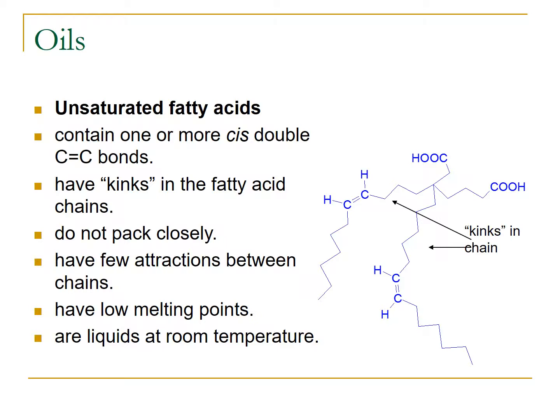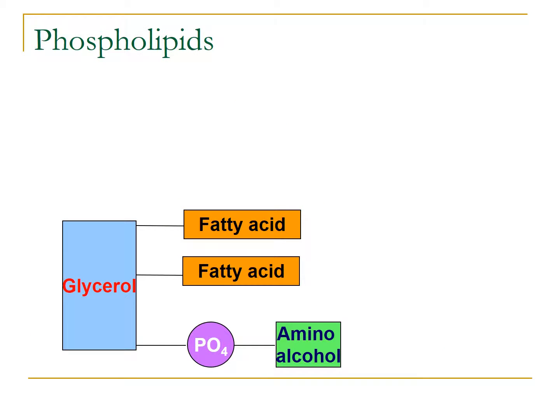You might notice that the saturated fats tend to come from animal sources, like butter comes from dairy, and bacon fat comes from a pig, whereas the oils tend to be more liquid, and they also come from plants. So corn oil and olive oil, these come from plants, not animals.